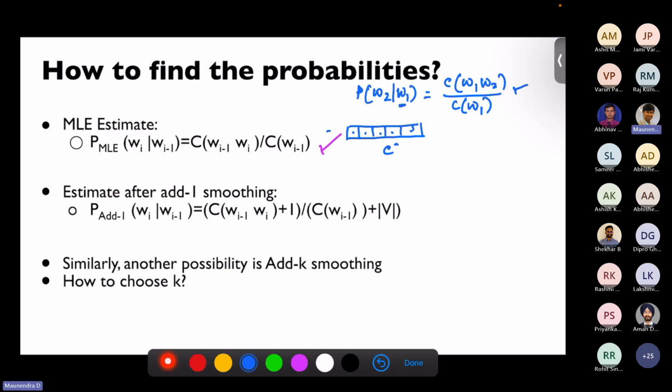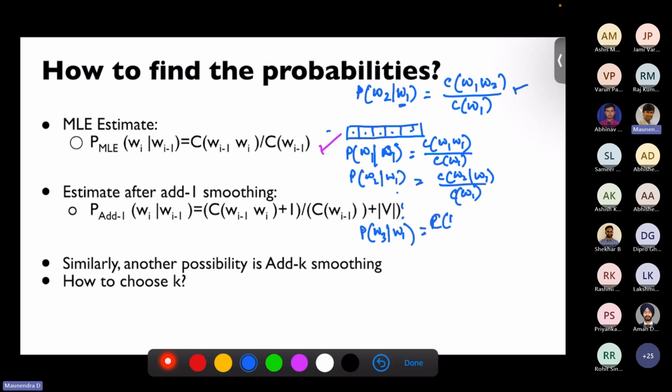So we should have probability of w1 given w1, which is count of w1 divided by count of w1, then probability of w2 given w1, which is count of w2 w1 divided by count of w1, then probability of w3 given w1, which is count of w3 w1 divided by count of w1, and like that, probability of wn given w1, which is count of wn w1 divided by count of w1.